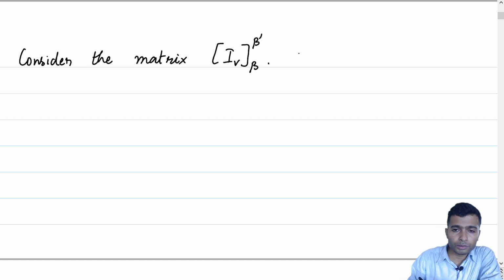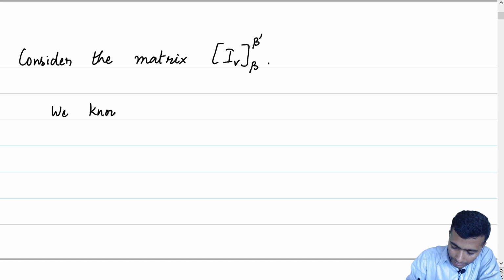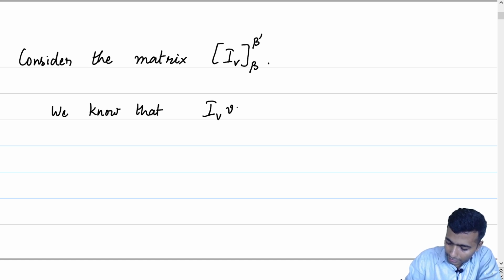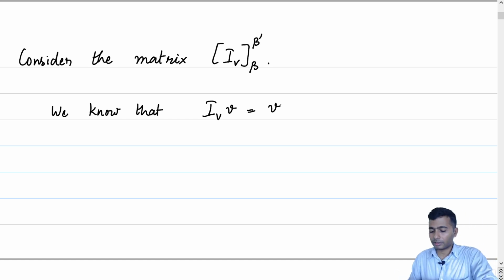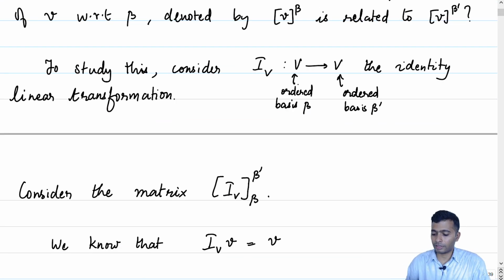So we know that IV of V is equal to V, right? After all, IV is the identity transformation. But think of IV as a linear transformation from V to itself in the above setup, where the domain V is with the basis beta and the codomain V is with the basis beta prime.